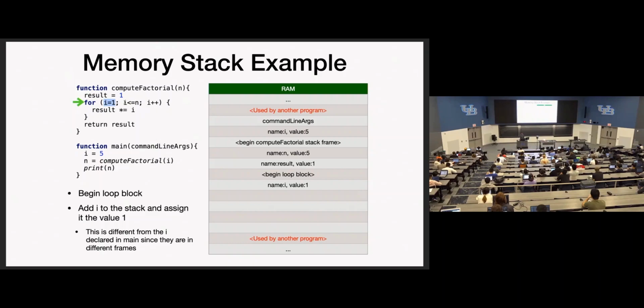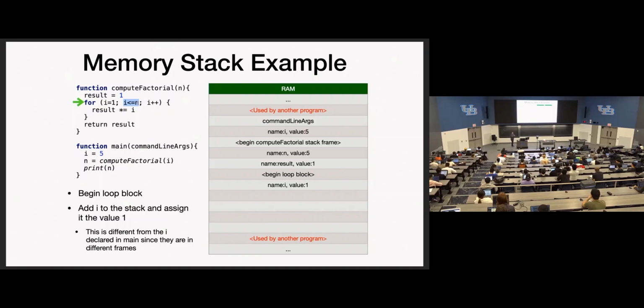So now we're going to check our conditional. I won't belabor the loop stuff. Hopefully you all understand well in depth how loops work. But we're going to check i less than or equal to n. What I do want to focus on is that when we do this check, we have to look up i and n on the stack.